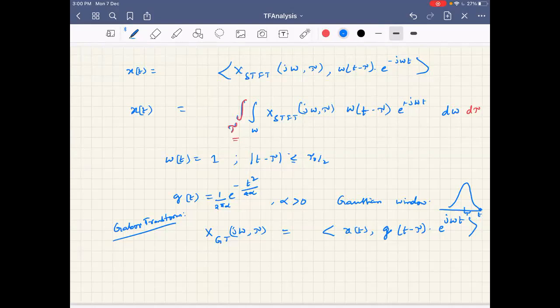The time frequency analysis done by this Gabor window is more effective. It can effectively localize the analysis of the signal in time as well as in frequency. That means for a given time, I can tell what all the frequencies are, and for a given frequency, I can tell at what times it has occurred.